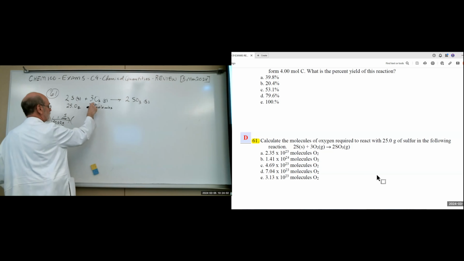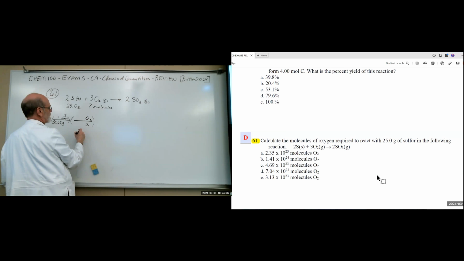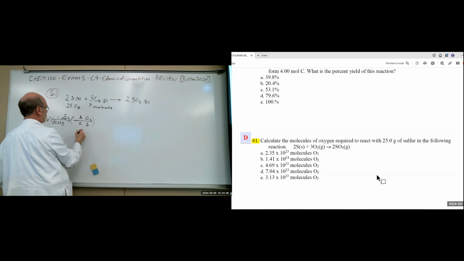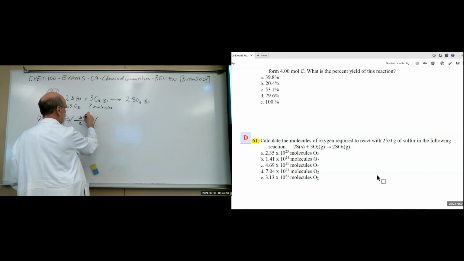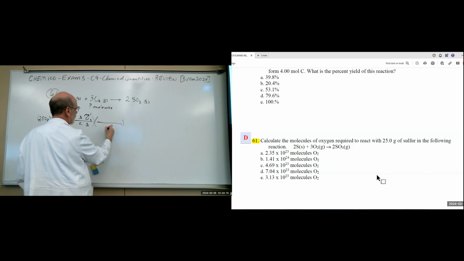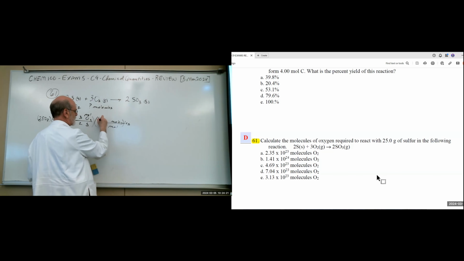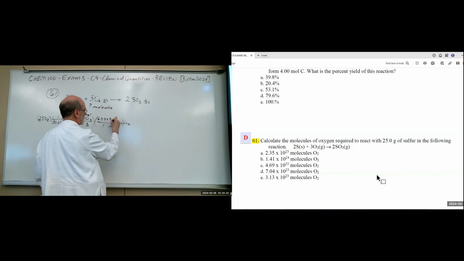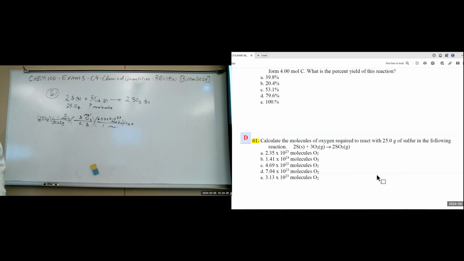Now we want oxygen. Cancel the sulfur. That's 3 here and 2 there. Now this is moles of oxygen. We want to convert moles of oxygen to molecules, and that's the magic number, Avogadro. There we go. So now we can do that all in one calculation.